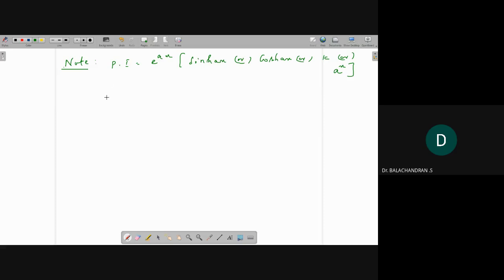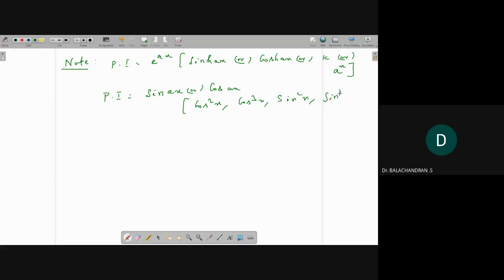Similarly, particular integral type 2 is either sin ax or cos ax, or cos square x, cos cube x, sin square x, sin cube x.